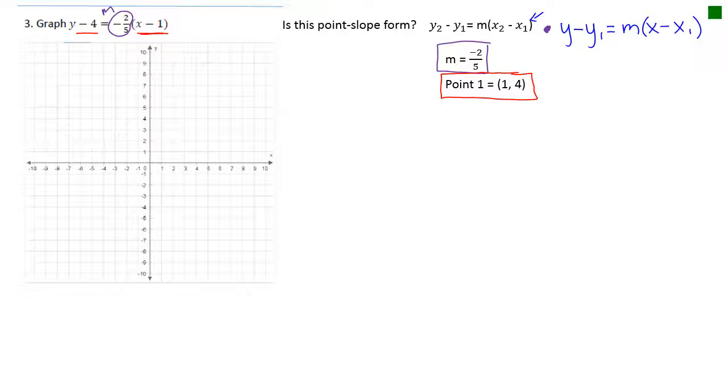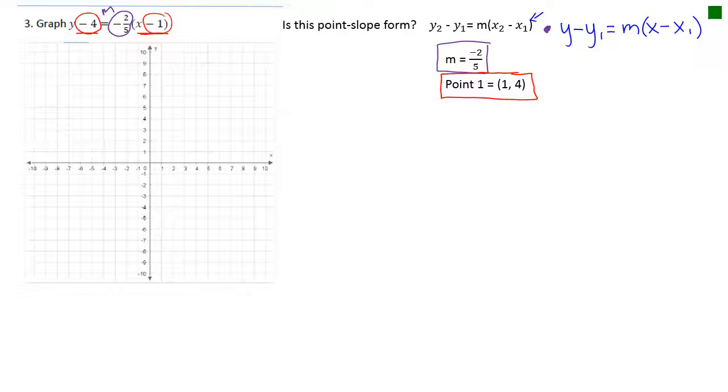The one thing you want to remember is that it's always going to be the opposite sign. So since this was a negative 1, our point was positive 1. Since that was a negative 4, our point became a positive 4. Now we can use our point and our slope to help us plot our graph.